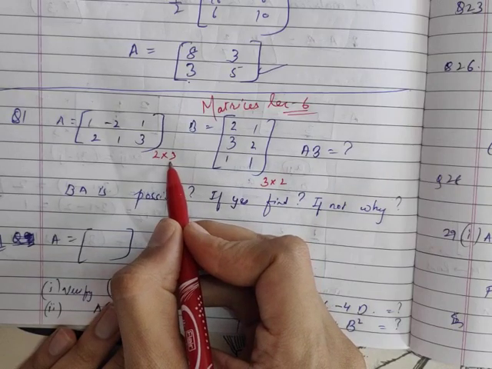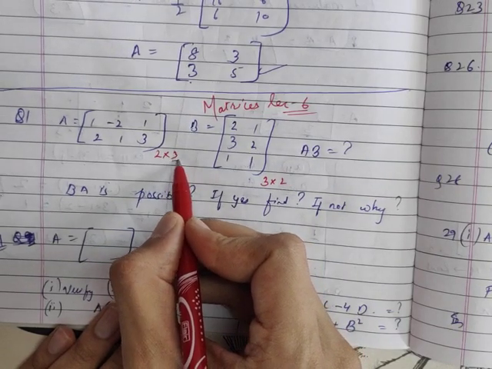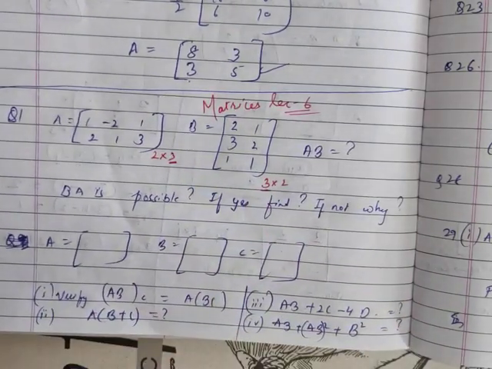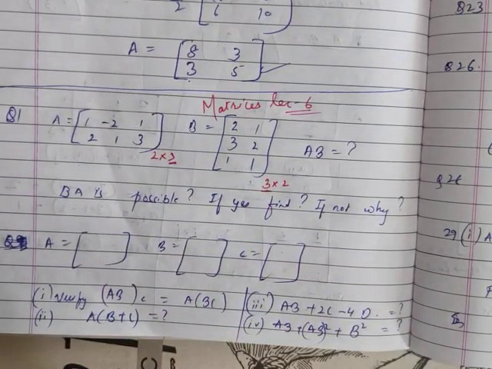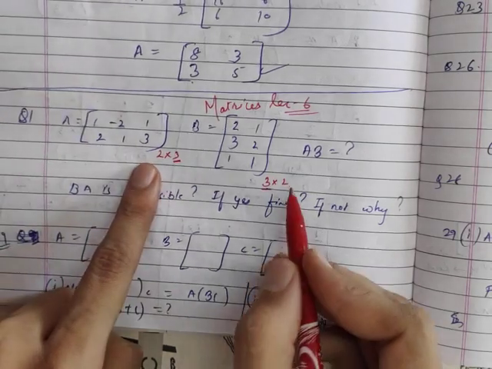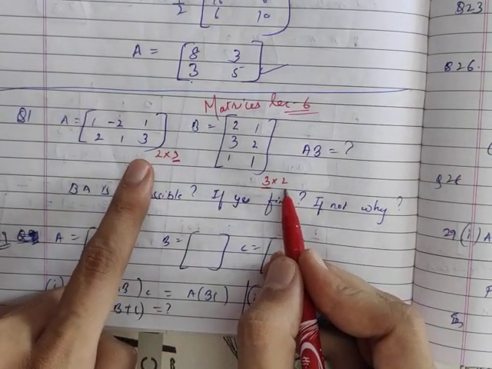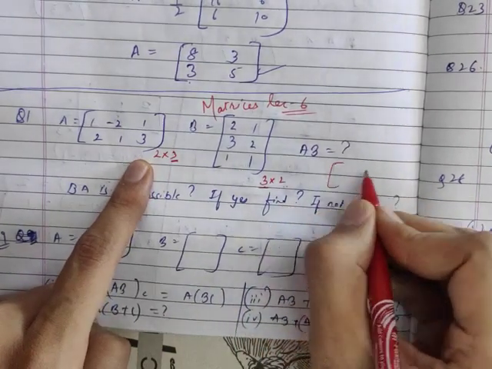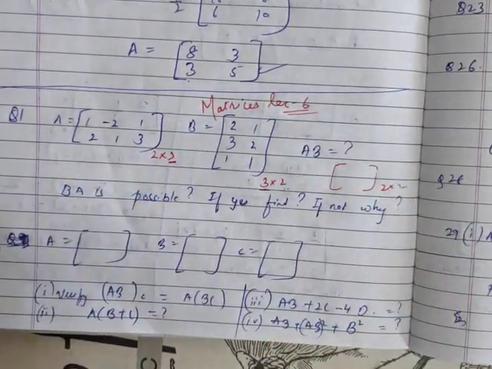First matrix ka you got to check the number of columns. Second matrix ka number of rows. Yes, multiplication is possible. Resulting matrix का order, first का first, second का second, that means 2 cross 2. Resulting matrix will be 2 cross 2.